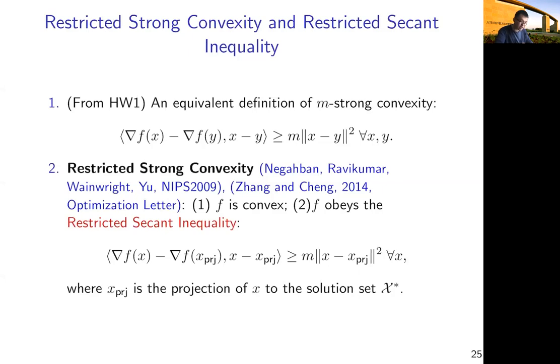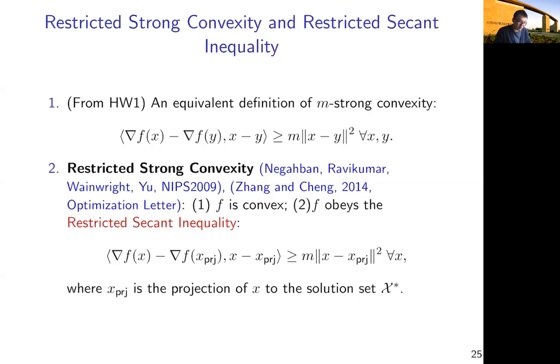Restricted strong convexity tries to weaken this version of the definition directly. Instead of saying that this inequality holds for all x and y in the entire domain of the function f, you want to say that this condition holds only for a subset of pairs of x, y.